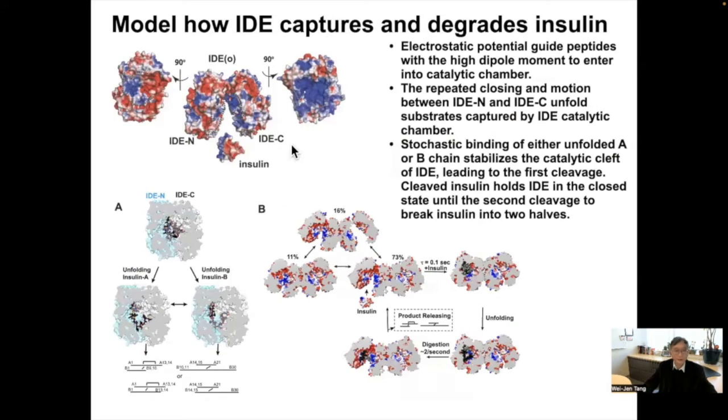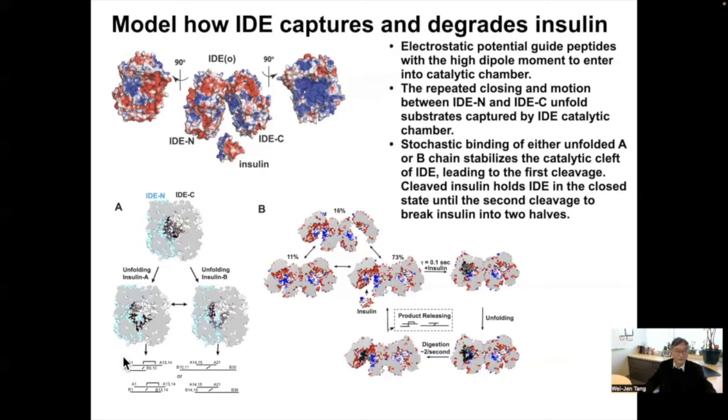We now have a much better idea of how this enzyme works. In the open state, it takes advantage of electrostatic potential to attract the peptide into the chamber. After closing and wiggling, IDE can unfold insulin with either the A chain to the side or the B chain to the side, so that the first cleavage is on A or B, and then a subsequent cleavage on the opposite chain.